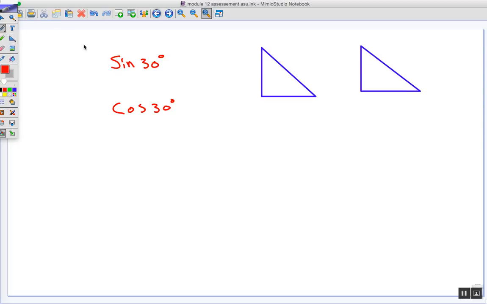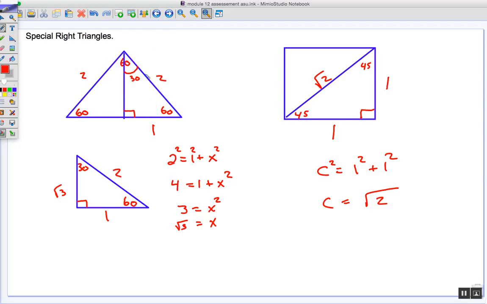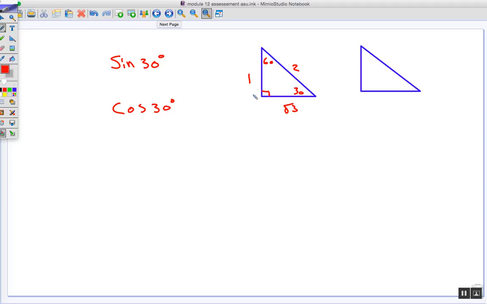We know we're going to be using our 30, 60, 90 triangle to help us solve. I purposefully drew this so that the 60 was situated in a different place than it was on this triangle. So you see on this triangle we had the 30-degree angle here. So opposite the 30 is 1, opposite the 60 is square root of 3. So no matter which way your triangle is situated, opposite the 60 is square root of 3, opposite the 30 is 1.